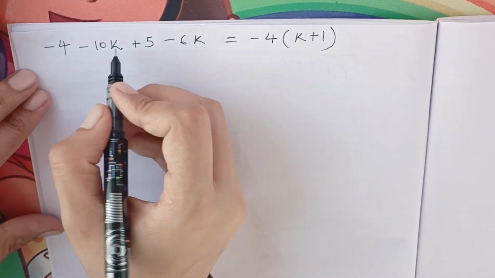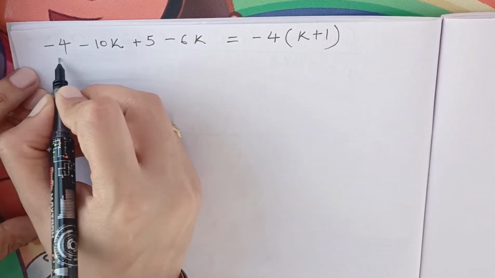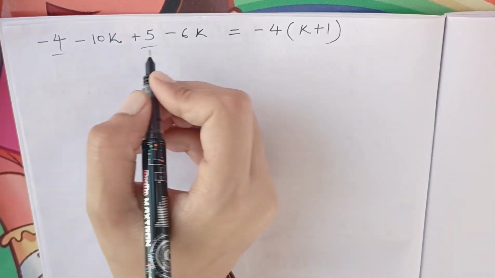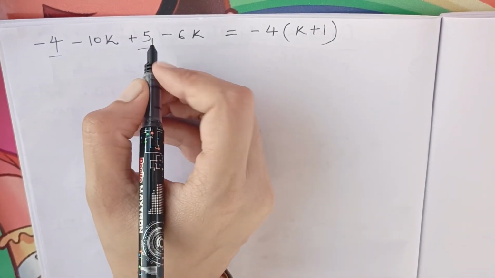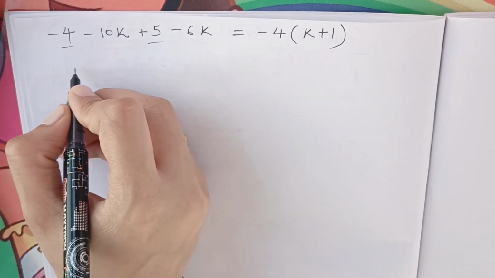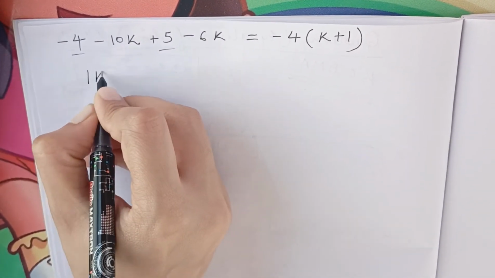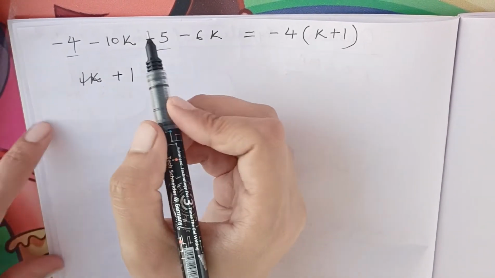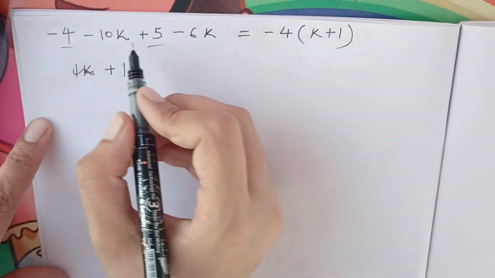Now like terms, this side we can solve. Minus 4 and 5 are like terms, so minus 4 plus 5: plus and minus is minus, and the sign of the greater number is taken. So 5 minus 4 is 1, and plus 1 will come, because with 5 we have a plus sign.